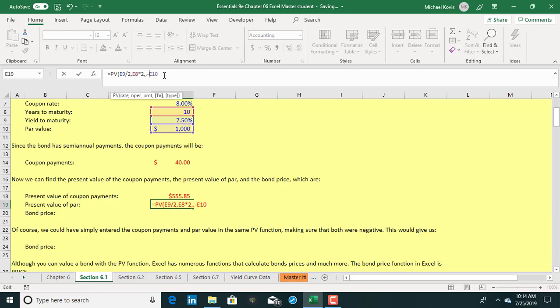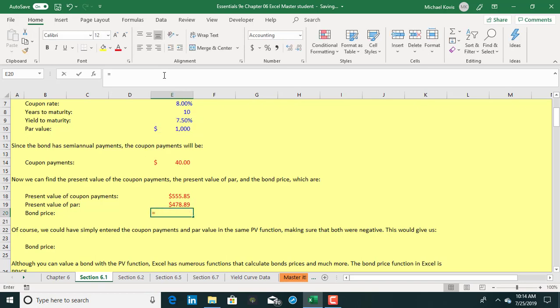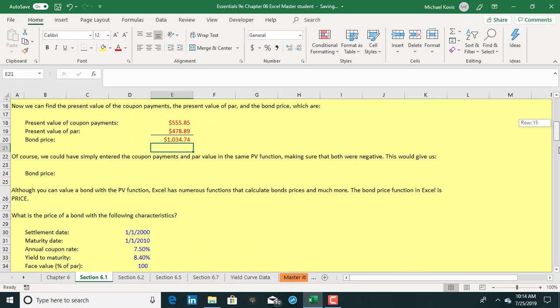So we're trying to figure out what that $1,000 is worth to us today at 7.5%. If I can type my formula, we add it together, and we are willing to pay $1,034.74, what we're willing to buy the bond for.